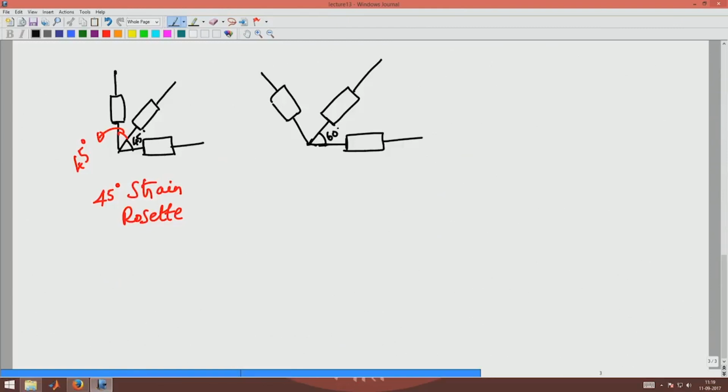Now, this is 60 degrees and this is also 60 degrees. This is called a 60 degree strain Rosette.